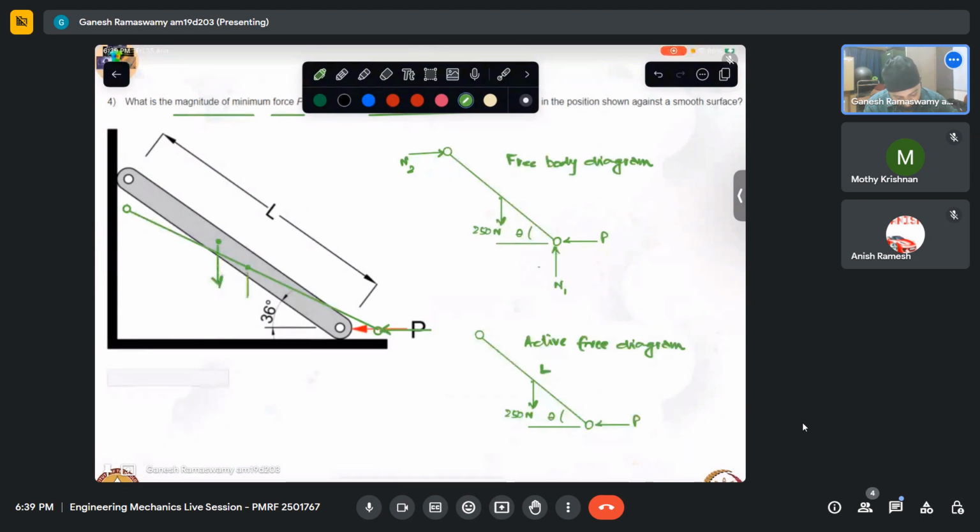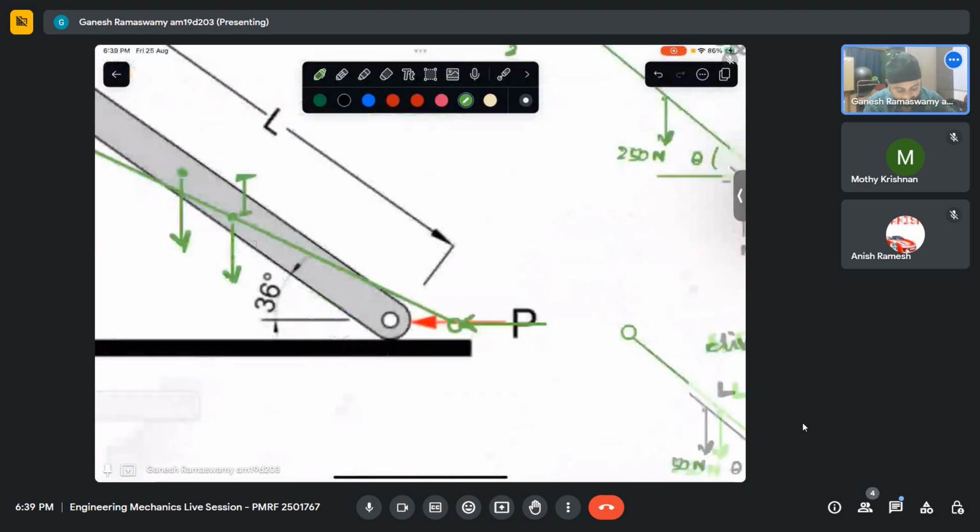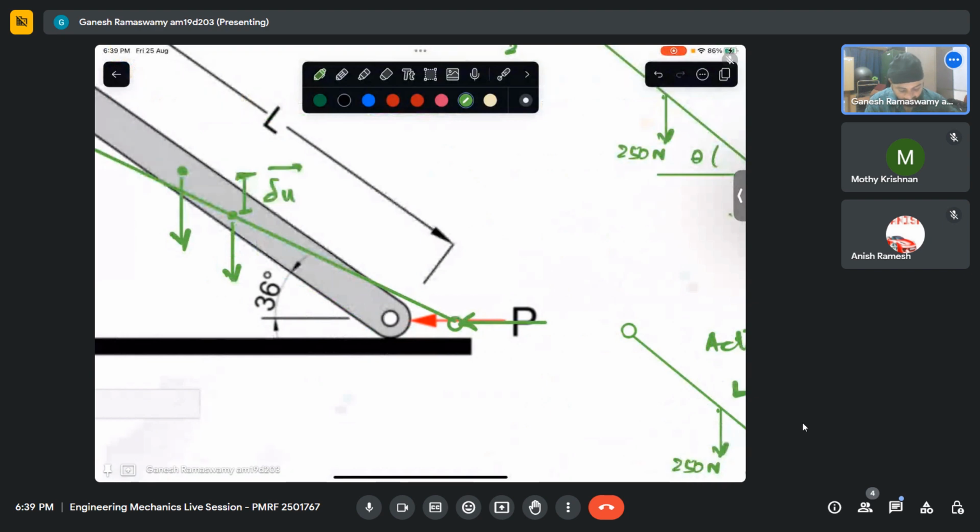So this is the virtual displacement I have given for weight. This is the virtual displacement for mg, and this is the virtual displacement for force P.